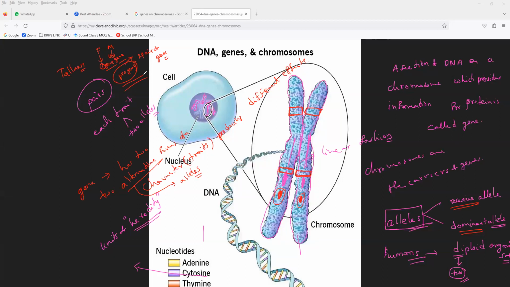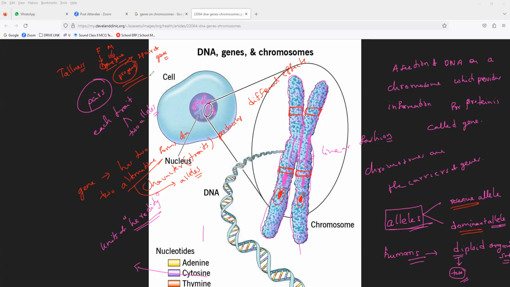So during sexual reproduction, the contribution of male and female parents is exactly a copy of the same gene. Equally they will contribute to the DNA of progeny. That is what you have to remember.